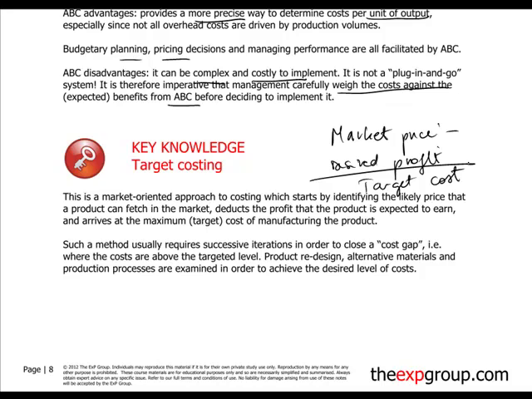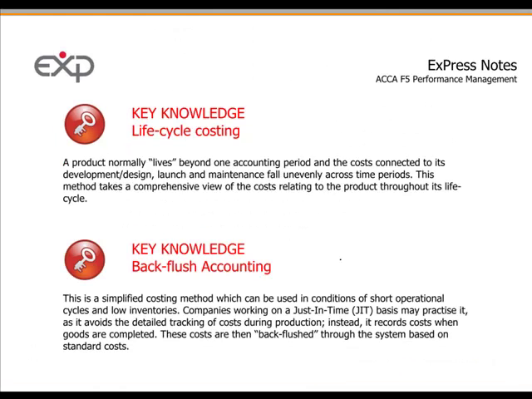If the target cost is lower than our actual cost, then we have what we call a cost gap, and this cost gap must be closed in some ways, like for example using alternative materials or redesigning the product. Otherwise we're not going to meet the desired profit target. This is what target costing is about. So looking at the market, it's a market-oriented approach. It depends on the situation of our company on the market.